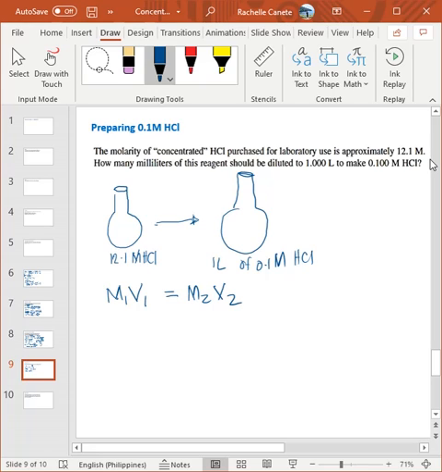M1 V1 equals M2 V2 is my technique, so that it is easy for me to remember. You just substitute the molarity of the final solution, that's 0.100 molar, times the volume of the final solution, that's 1 liter. And this is 12.1 molar, my stock solution. So, I need to find how much of this 12.1 molar I will use.